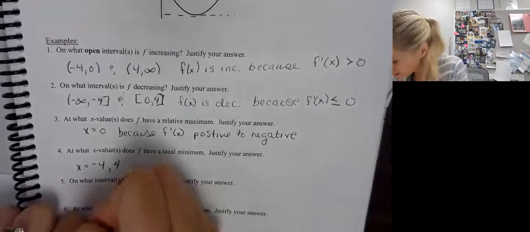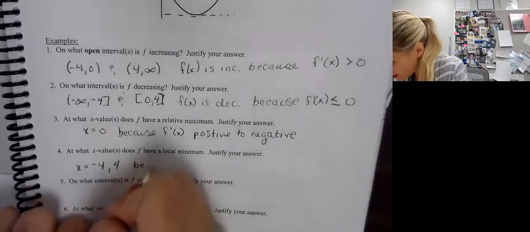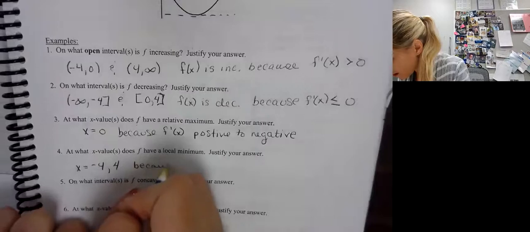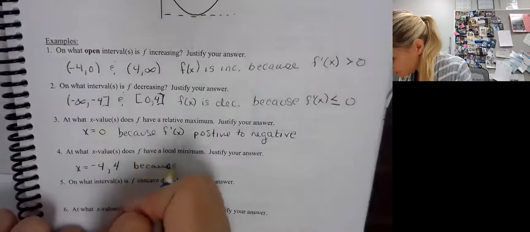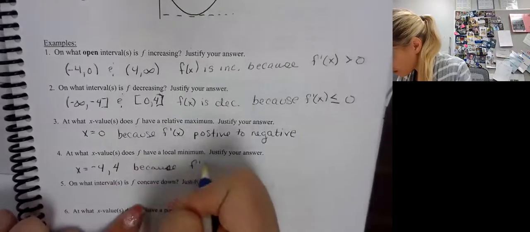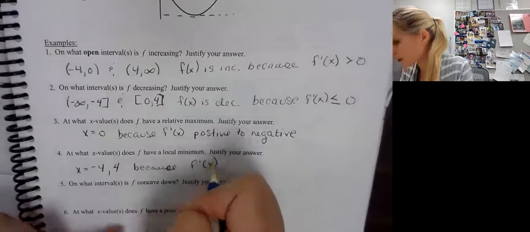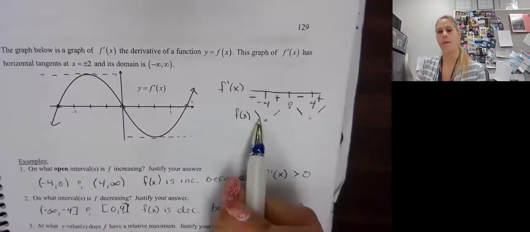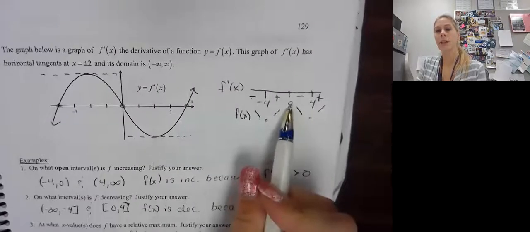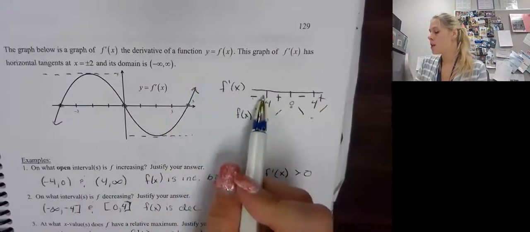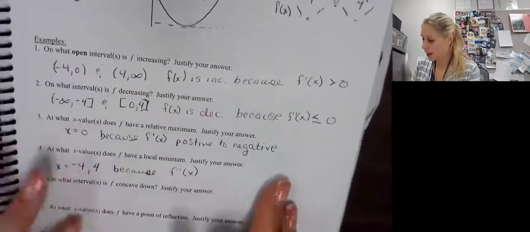How do we know this? Because f prime, and of course, we look at it as f going from decreasing to increasing, but we're talking about f prime because that's what's given to us. So it's from negative to positive.